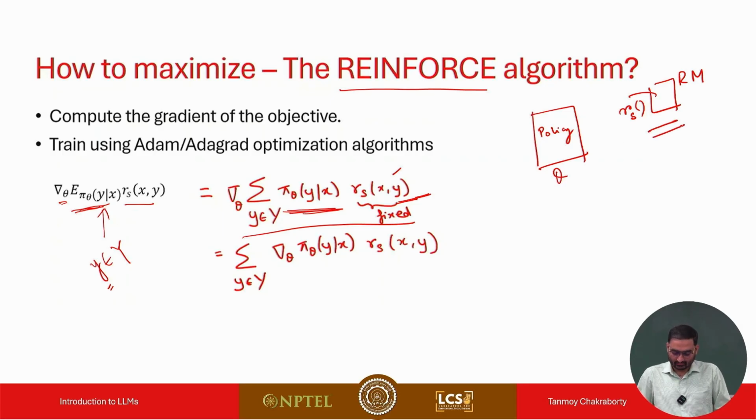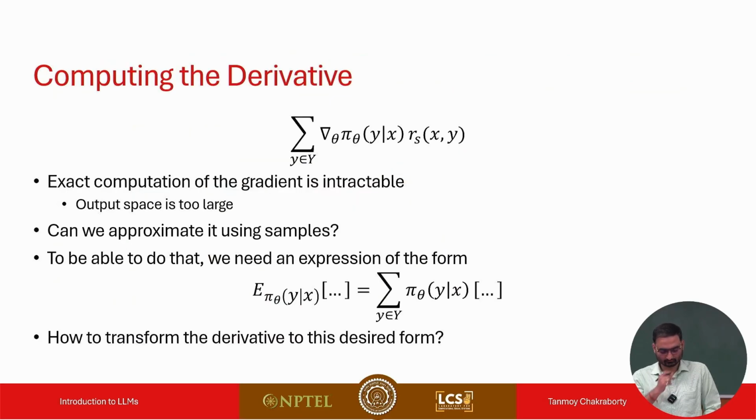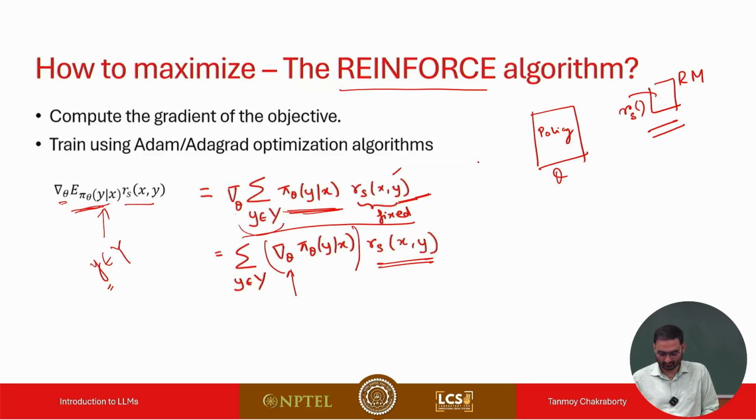Therefore, when I move the derivative inside, this will be the part, and this will be separated. This is not a part of this gradient. Now think about it again. This is exactly the one that we just derived: del theta pi theta y given x times reward x comma y.